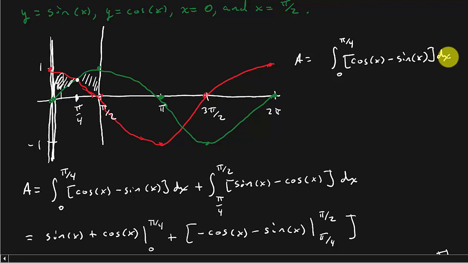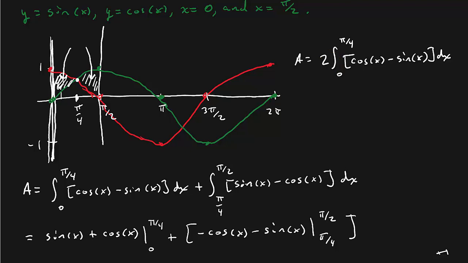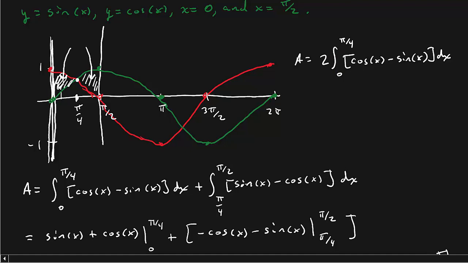Now, keep in mind, this area and this area are the same. So I could find just this area and multiply it by 2. That's how you would want to go about solving this. Just find this area and double it.